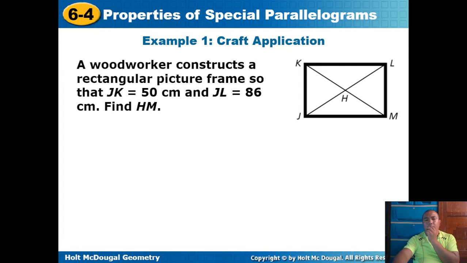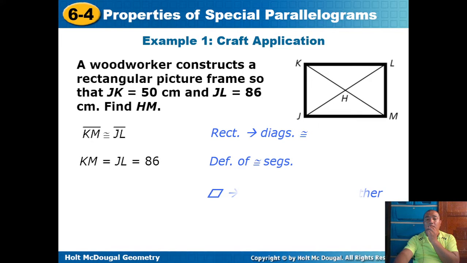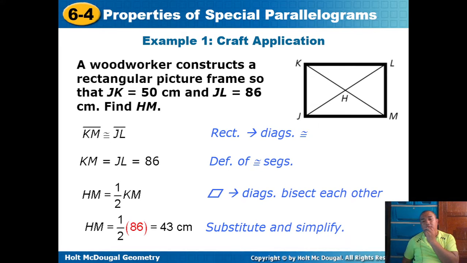Carpentry application. A woodworker constructs a rectangular picture frame so that JK is 50 cm and JL is 86 cm. Find HM. If JL is 86, KM is also 86, divided by 2 gives 43 for HM. 43 cm. Now the solution: in a rectangle, the diagonals are equal, so KM is equal to JL.